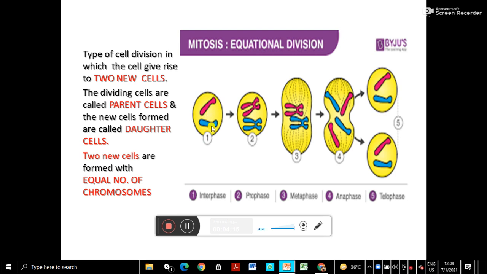It has two chromosomes, and the daughter cells formed also have two chromosomes in each. So equal number of chromosomes as in the parent cell, and that is why it is known as equational division. Knowing that, let us move on for further details.